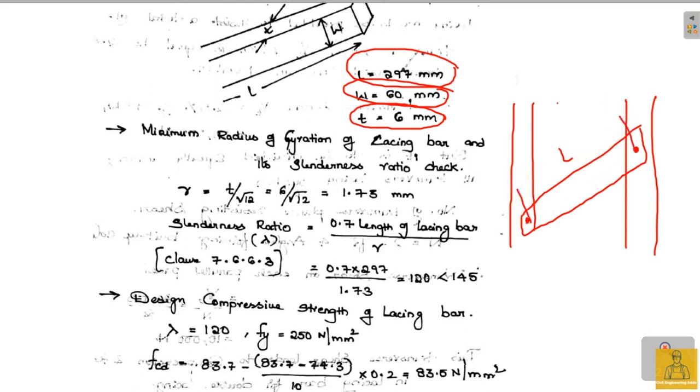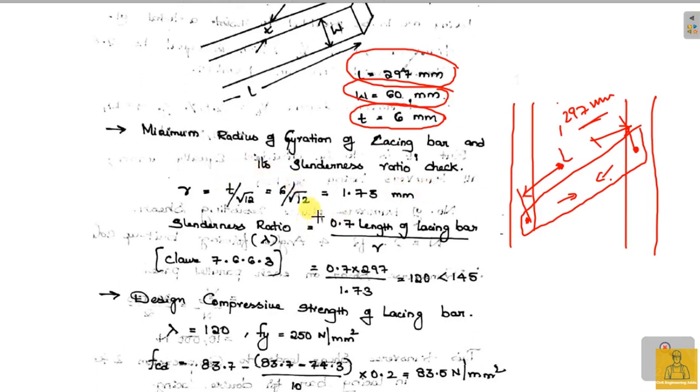There is a compressive force here. Now let us check the L value, 297 mm, and find out the slenderness ratio.